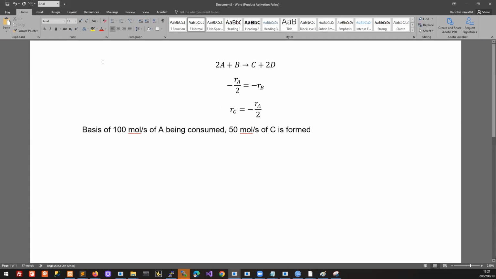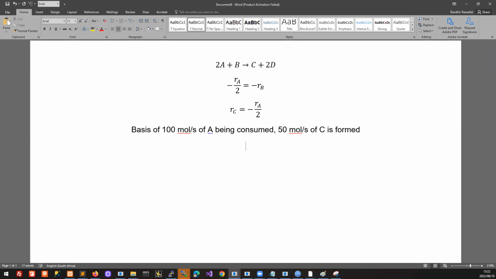Right, so when we write it in the text form like that, that makes perfect sense to us. But of course, we also have to be able to write it in a nice equation form in terms of R and our stoichiometric coefficients.